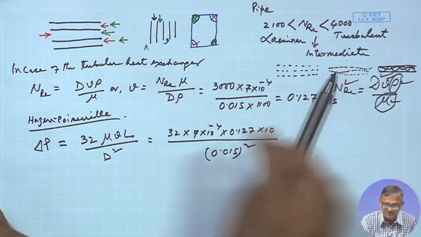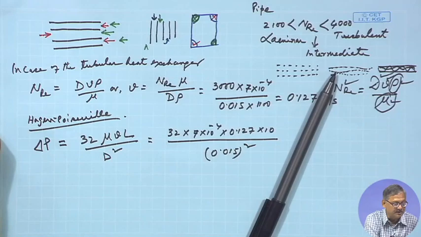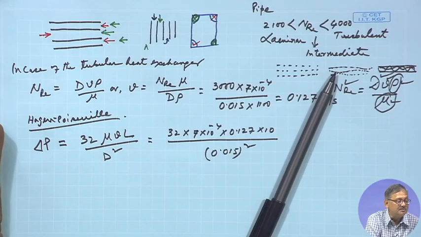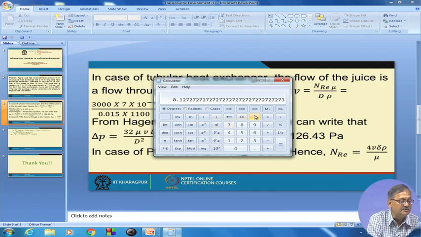So, if you see what value is coming, the value is 0.127 times 7 times 10 to the power minus 4, right.